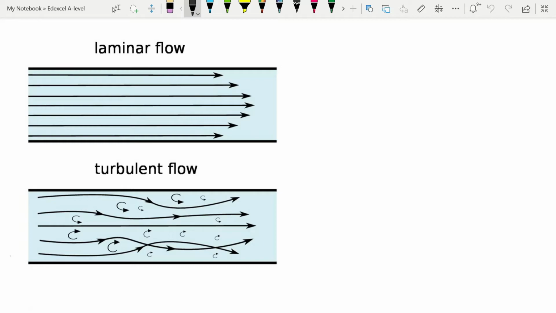So you get some particles that will be coming in the opposite direction to an object moving through it, and of course that's going to increase the viscous drag. So we have lower viscous drag here, and I'm just going to use FV for viscous drag, and higher viscous drag down here, obviously, because we've got some particles that are going to be going in opposite directions.